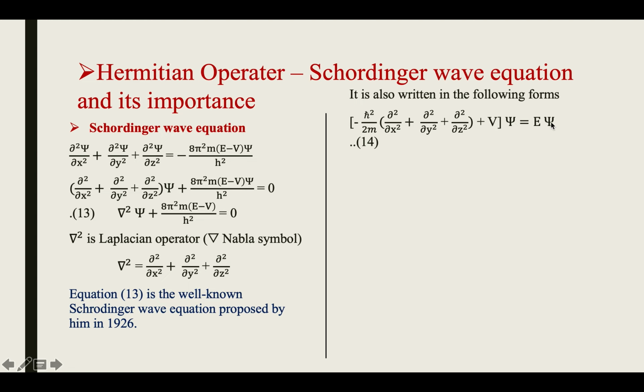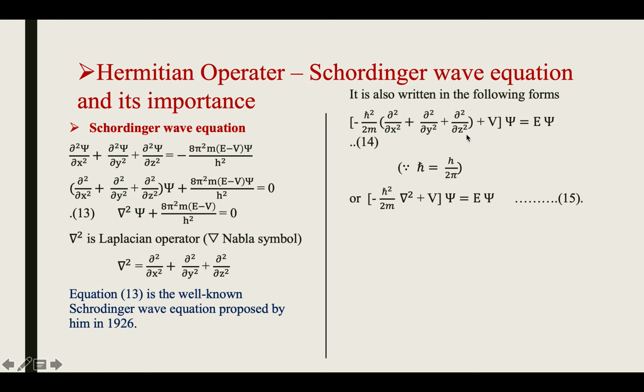Equation number 14 comes because in equation number 13, instead of h, they have replaced h cross. So h cross is nothing but h by 2 pi.